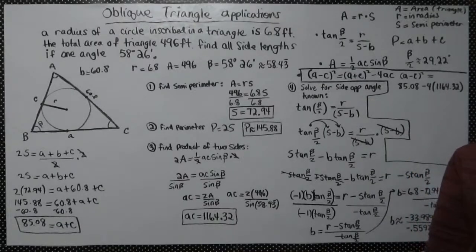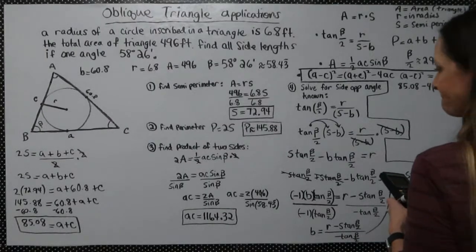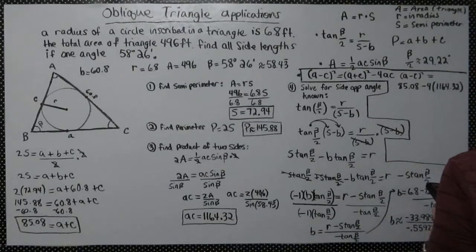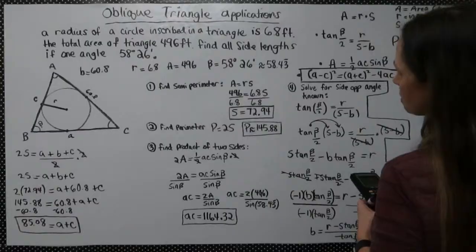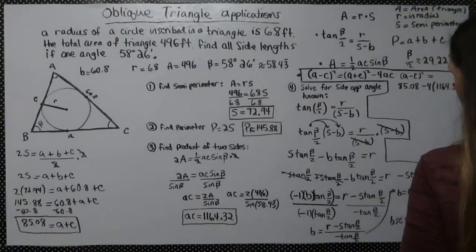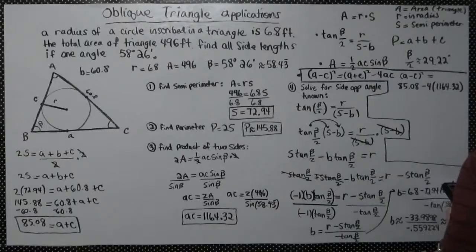All right, 85.08 minus 4 times 1164.32. Okay, that's a really large, ugly number.